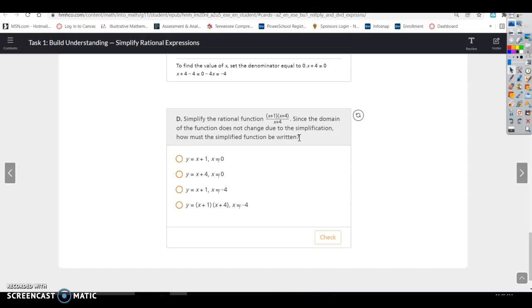X plus 4 divided by x plus 4 is also 1. So when I say it cancels out, it just kind of goes away. It just equals 1. And 1 times anything is just whatever's left. So what's left is the x plus 1. All right? So your equation is going to be y equals x plus 1, where x cannot be equal to -4, because we've already determined that -4 would make it undefined.